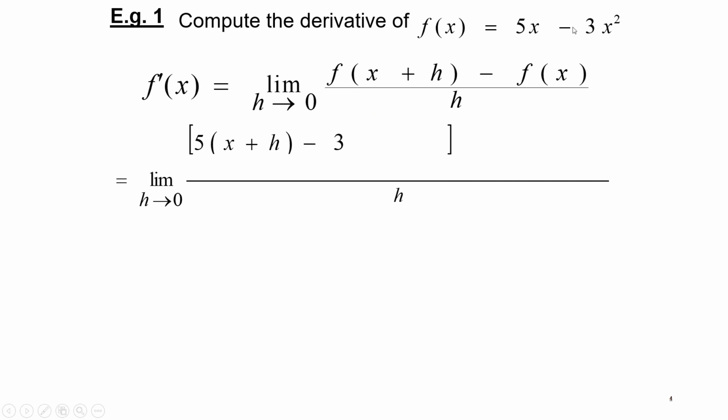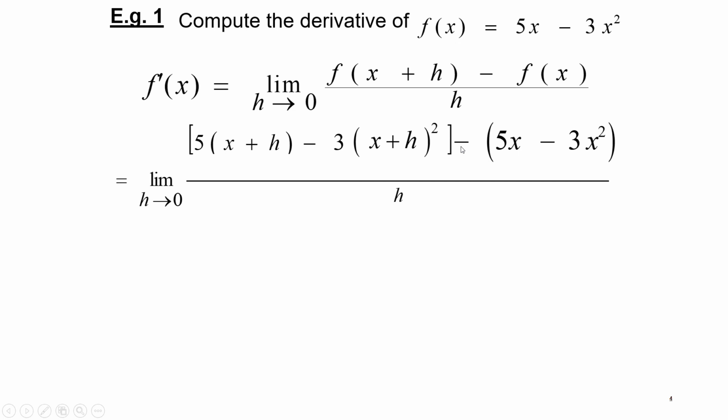Minus 3, this minus 3 comes here, and this x is again replaced by x plus h. So x plus h, and then it is squared, so the square comes here. Next we have f of x. So f of x is the entire function, that is why we are putting 5x minus 3x squared.